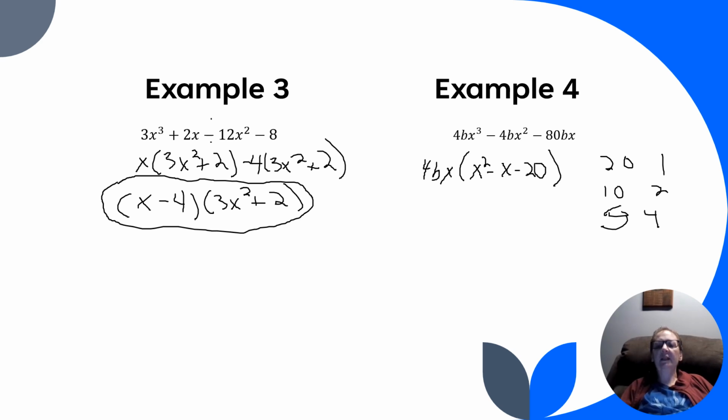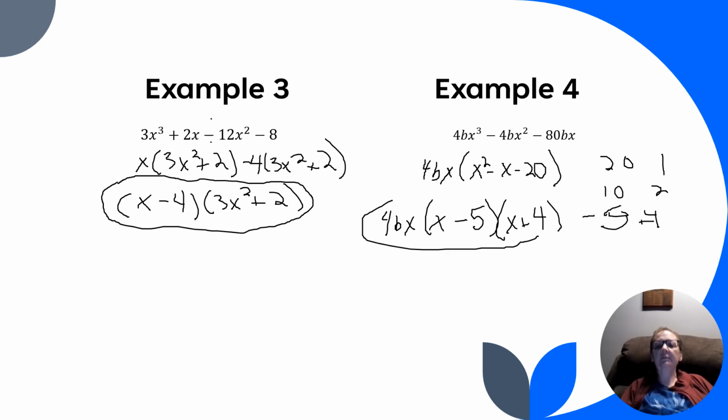So in order to make a negative middle term, the bigger one has to be negative and the smaller one has to be positive. So that 4bx is still out front. And my two factors are x minus 5 and x plus 4. So that was just a normal problem where you had to take out a GCF before factoring it.